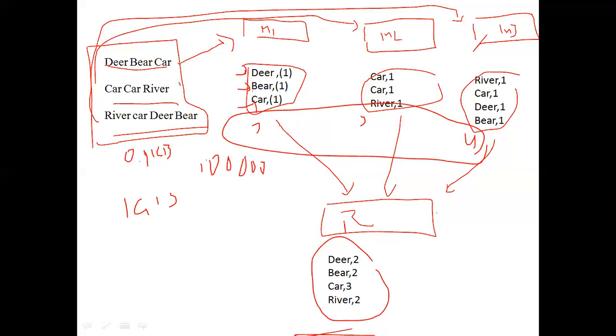So how many key comma value pairs will come? Like beer comma 1, car comma 1, river comma 1. Since 1 lakh words are there, 1 lakh rows will come as the output of the mappers. Now the reducer is one. What is the burden on the reducer? The reducer has to combine all those 1 lakh rows. It will become a huge burden on the reducer.